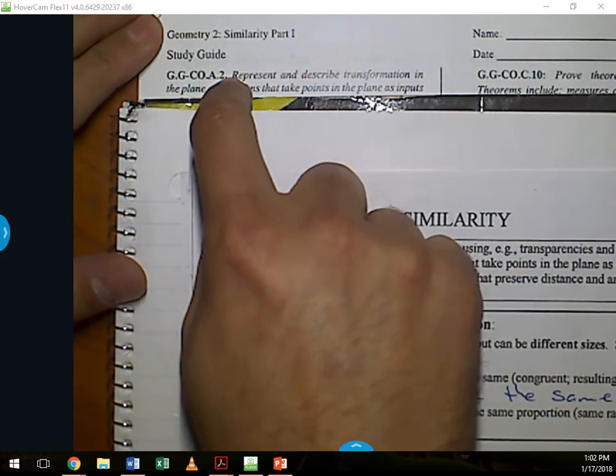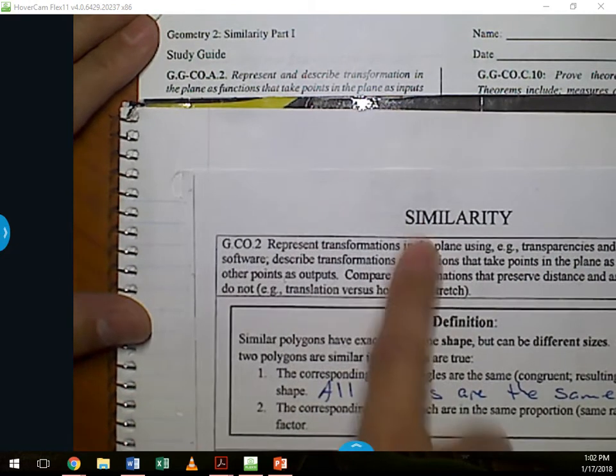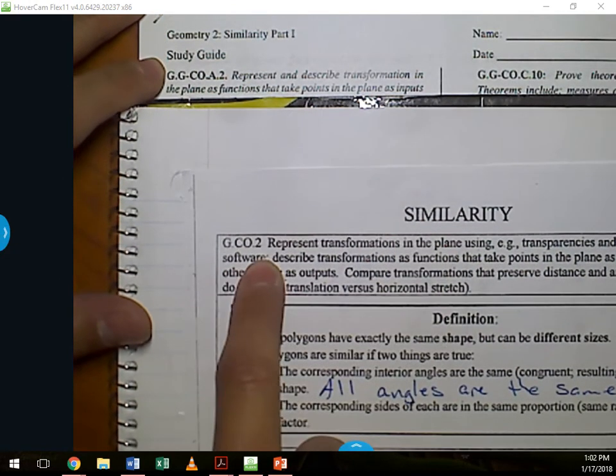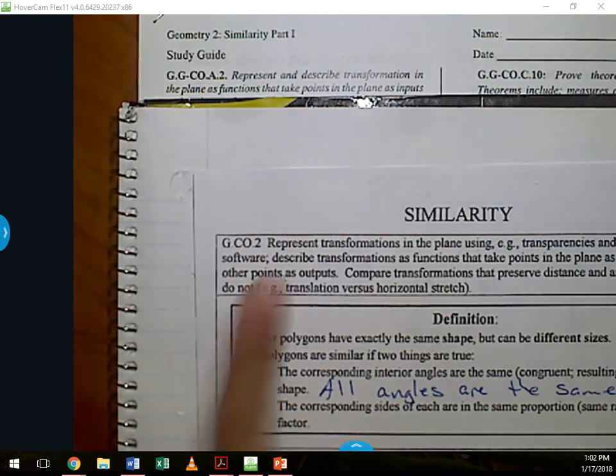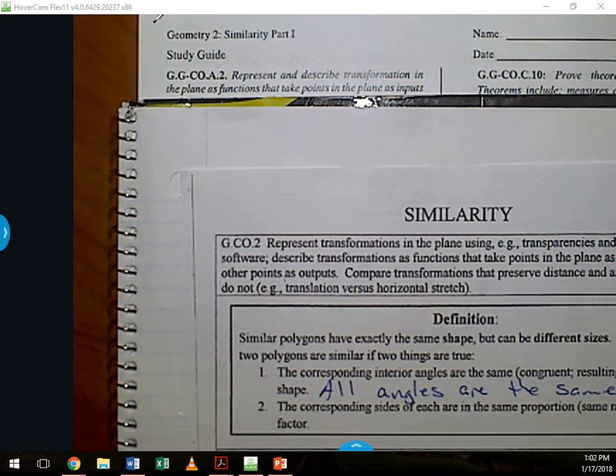The A is a certain part of the standard, but it is still the GCO2. So you could actually use this to find out which page in notes you need to go back over. So page 5 in your notes is going to be very, very helpful here.